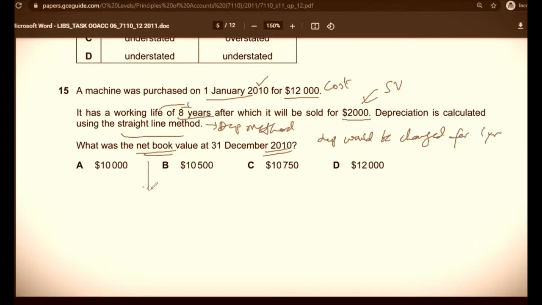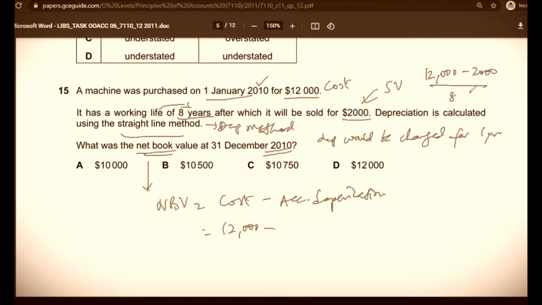We need to look at the formula for net book value. The formula for net book value is always cost minus the accumulated depreciation. Cost in this question is 12,000. We need to calculate the depreciation using the straight line method. So to calculate depreciation, I would take the cost minus the residual value and then divide by the life of the asset.